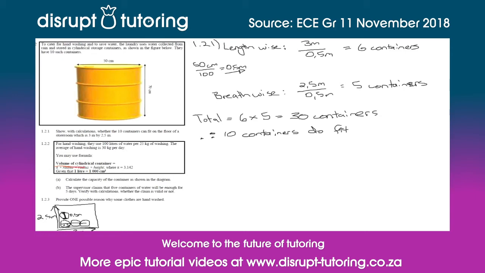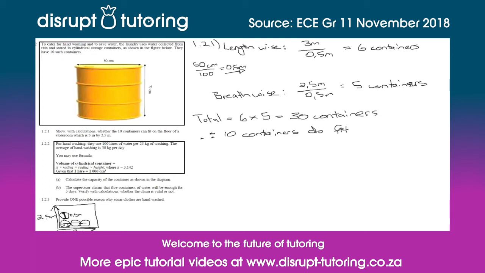So they've given us the formula for the volume of a cylindrical container. And in A, they say, calculate the capacity of the container shown in the diagram. So what is the capacity in liters of this container? That is 50 centimeters by 70.